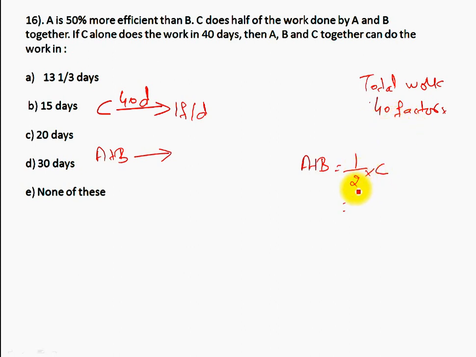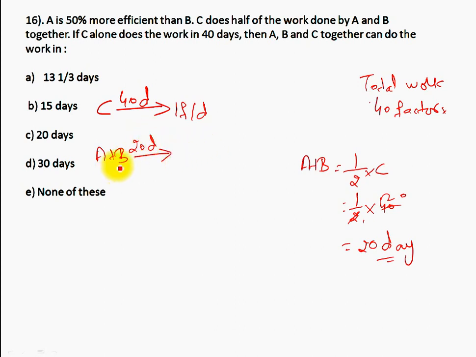We can easily find how many days A and B need to complete the 40 factors. If we substitute the value of C, we get 20 days. So here we can write that A plus B can complete the work in 20 days.